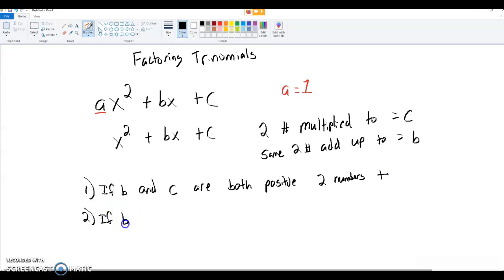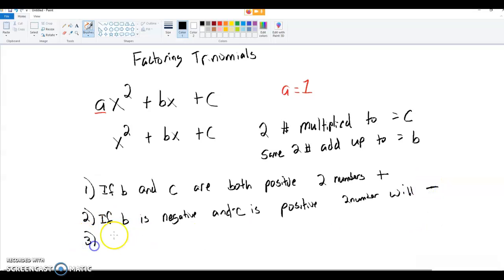Number two: if b is negative and c is positive, our two numbers will be negative, okay?